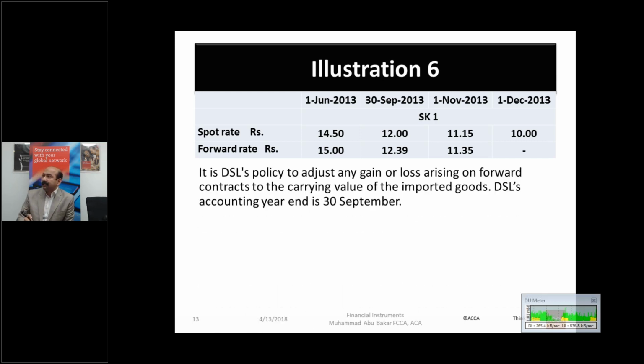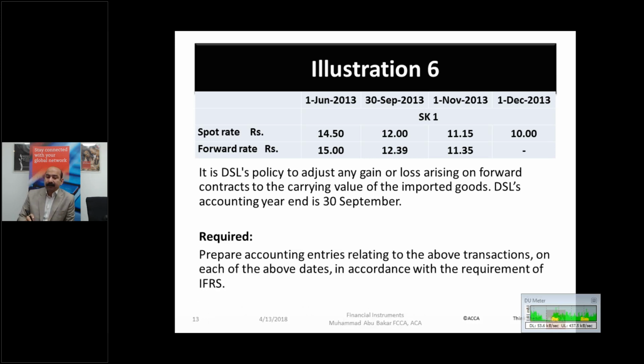It is DSL policy to adjust any gain or loss arising on forward contracts to the carrying value of the imported goods. DSL's accounting year end is 30th September. Required: prepare accounting entries relating to the above transactions on each of the above dates in accordance with the requirements of the IFRS.